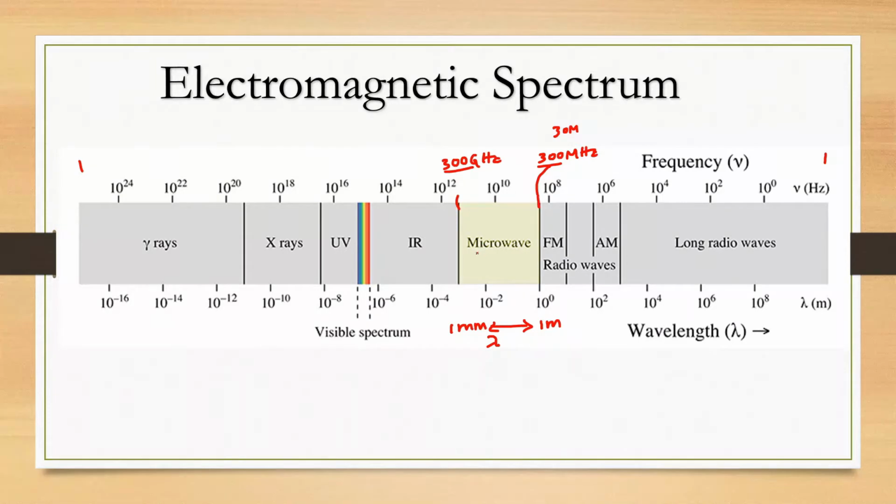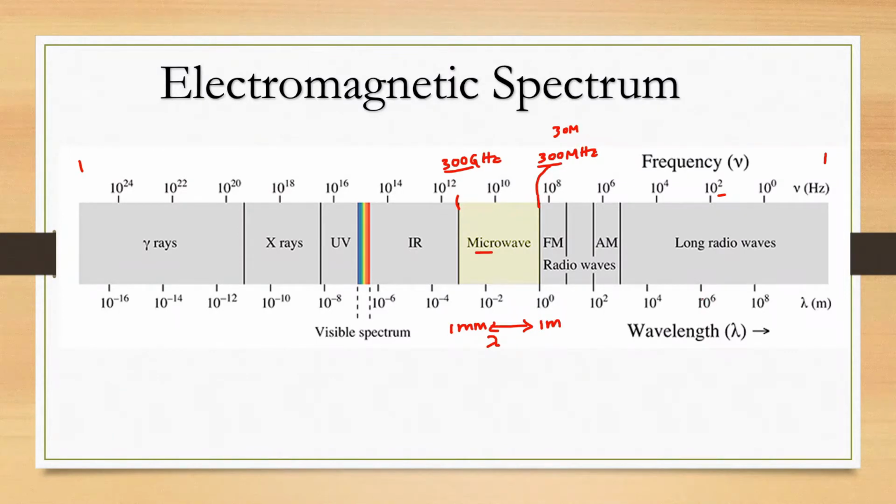The name microwave is just symbolic, saying that the wavelength of these signals is very small. Either it is in the range of millimeters or at maximum a meter. Whereas if you have a frequency of 100 hertz, its wavelength will be 10 to the power 6.